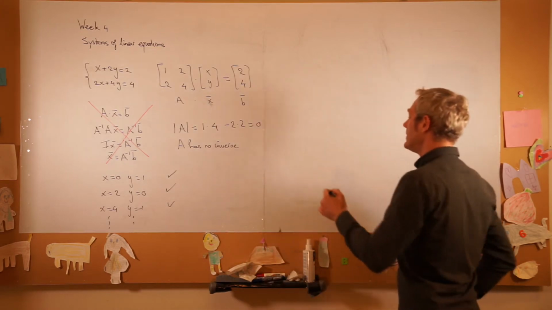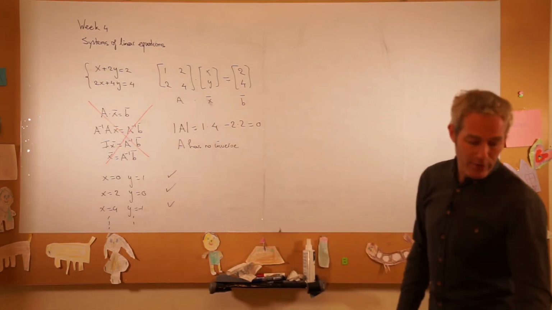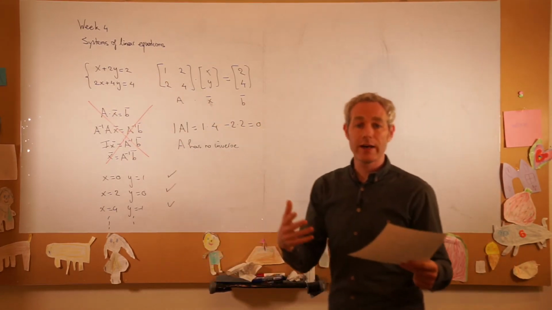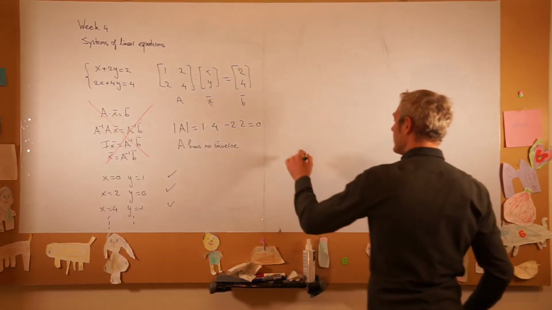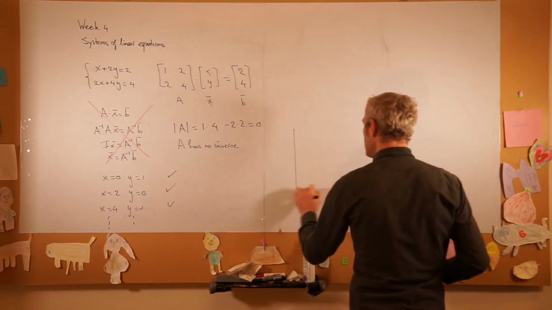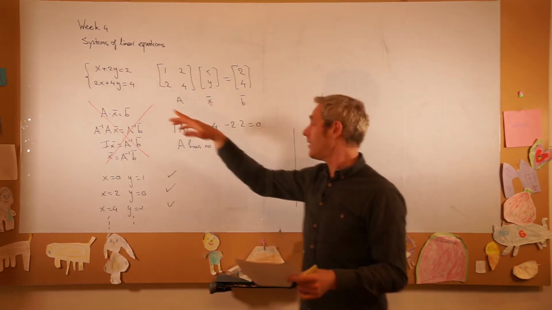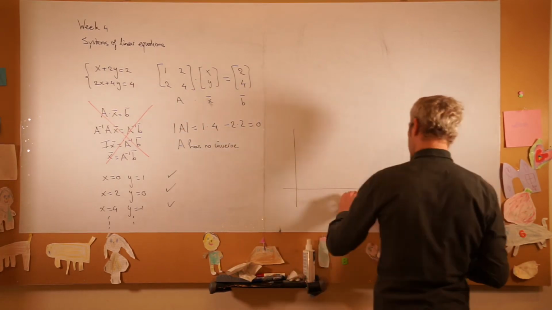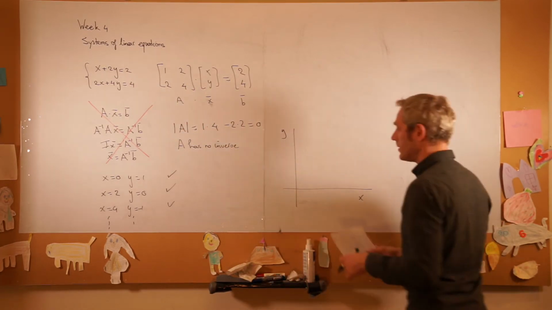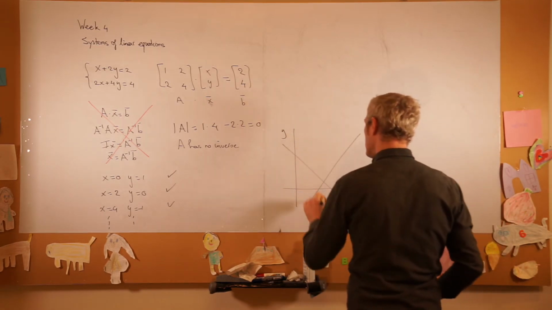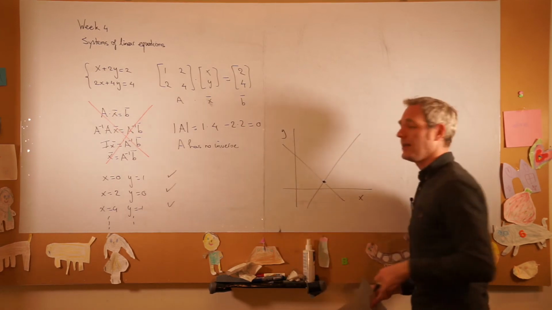And how can we visualize this? Well, for a system of 2 equations with 2 variables, this is something we can visualize, because each equation represents a line in the xy plane. So we have situations where, as in the first example and the second example, 2 lines intersect in a single point.